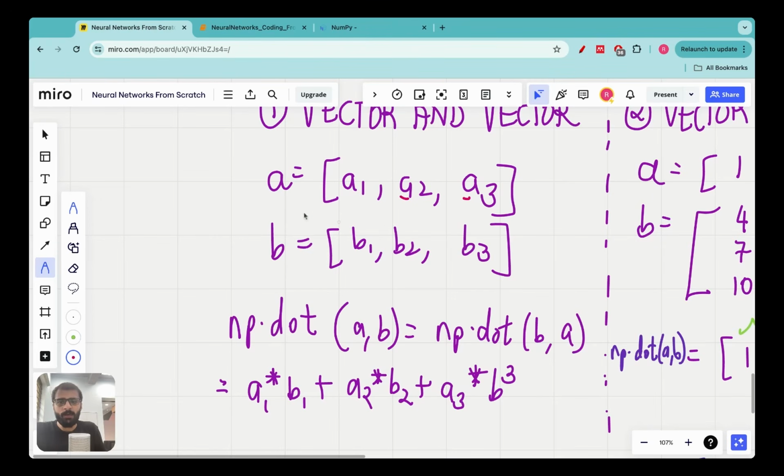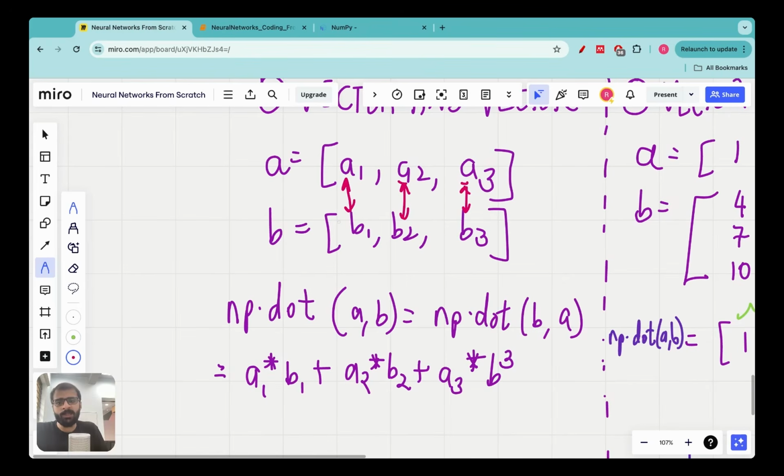When you take a dot product between these two vectors, what is essentially happening is the first element of A is multiplied with the first element of B. The second element of A is multiplied with the second element of B, and the third element of A is multiplied with the third element of B. And then all of these multiplications are added together.